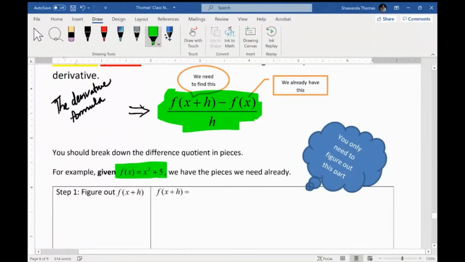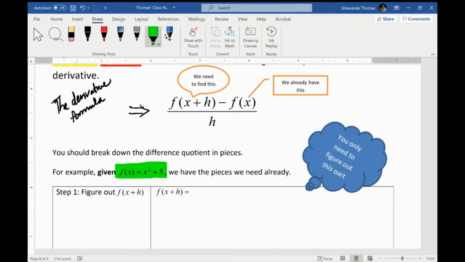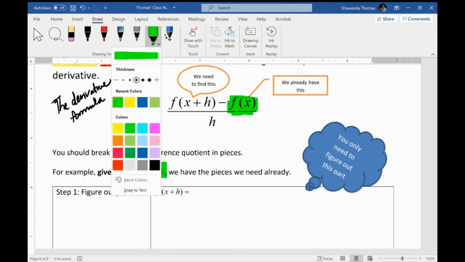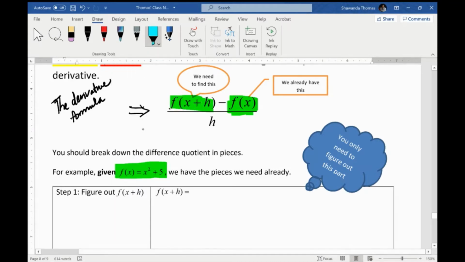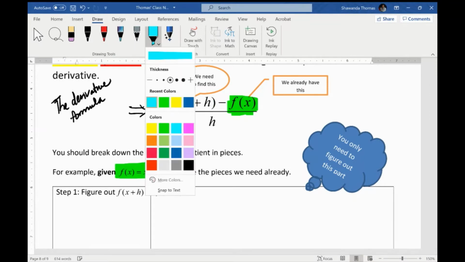For example, I'll give you that f of x equals x squared plus 5. If you already know what f of x is, then you already know what this is, but you need to figure out what this is.